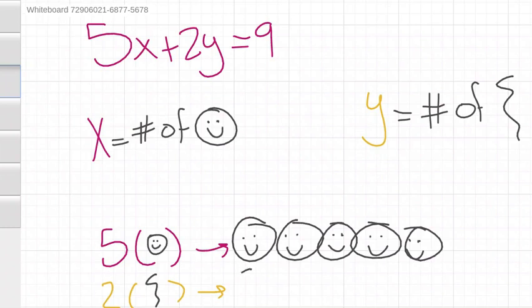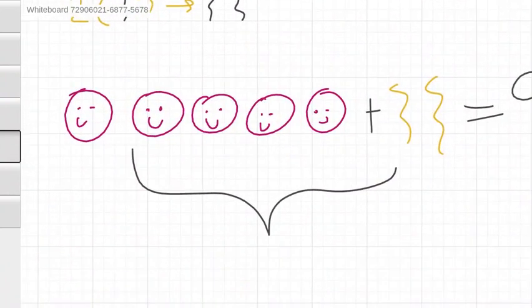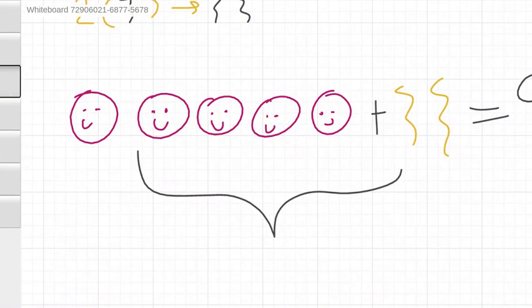So 2y is just 2 times 1 squiggle, and that's just 2 squiggles. So the whole equation is 5 smiley faces plus 2 squiggles equals 9. I promise there's a 9 there. I don't know why it got cut off. As you can see, we can't add those together and get 7 smiley faces or 7 squiggles because not all of them are smiley faces or squiggles, or in a math case, the same variable.